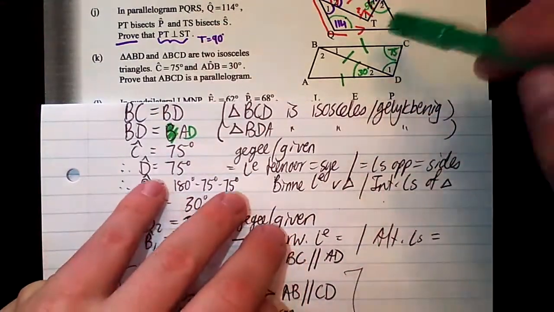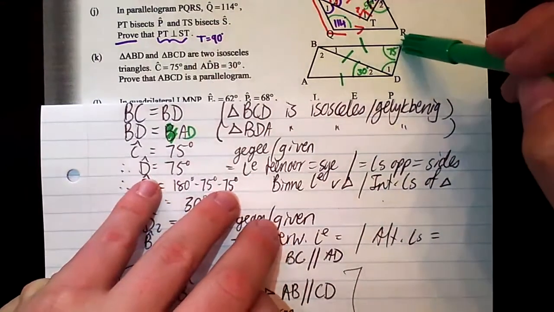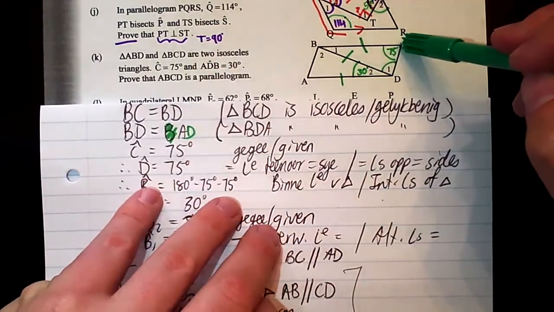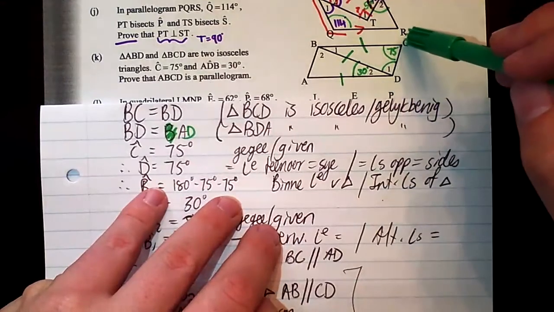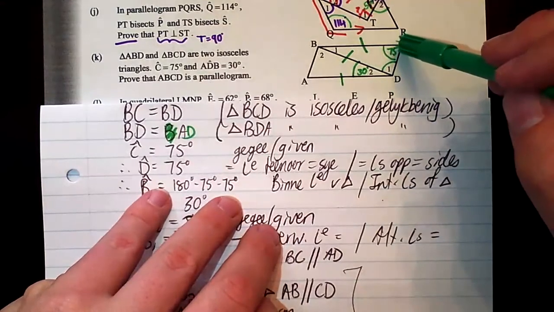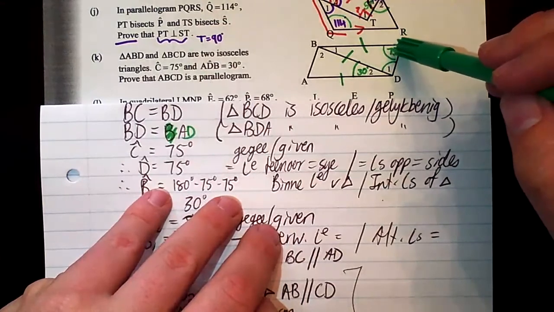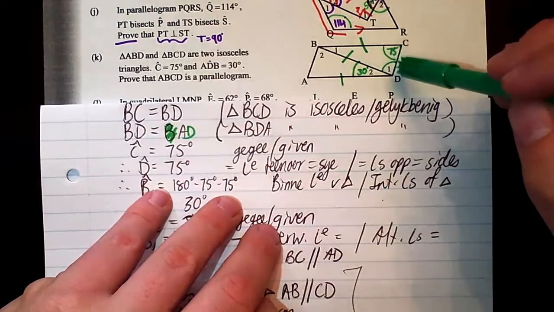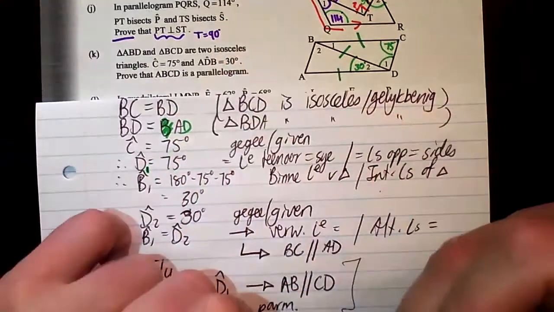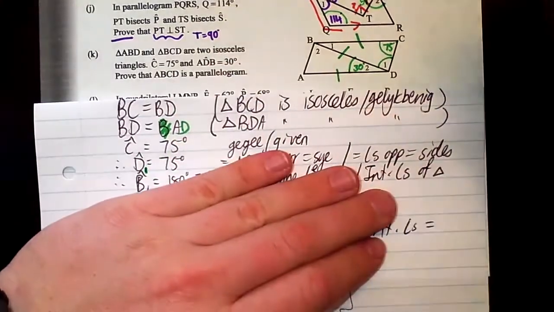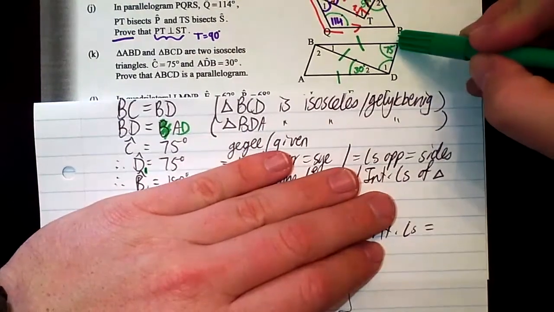Okay, they gave us 75 degrees for C. They gave us the big angle D1. Yeah, should have been D1. Okay, they gave us angle C is 75.